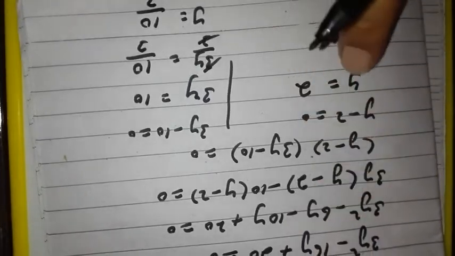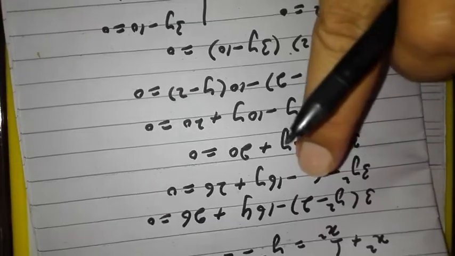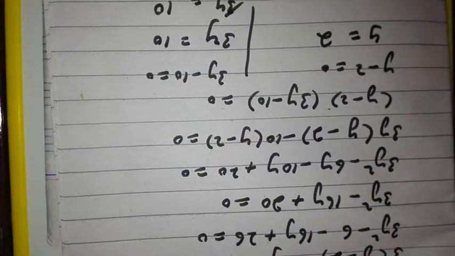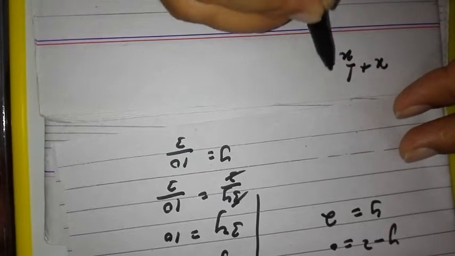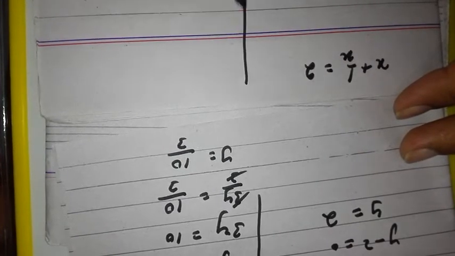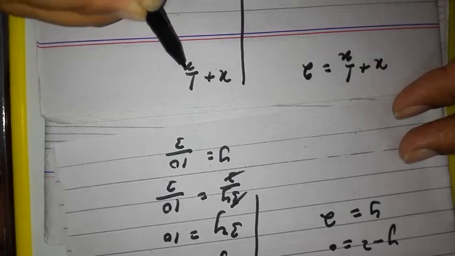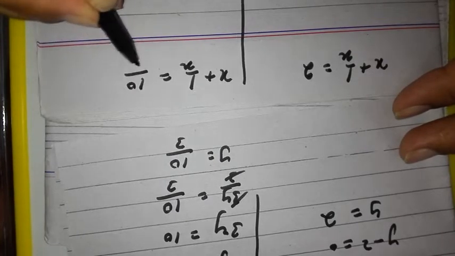Now we will put the value of y which we supposed here, x plus 1 by x, and then we will solve it. So x plus 1 by x equals 2 and x plus 1 by x equals 10 by 3.